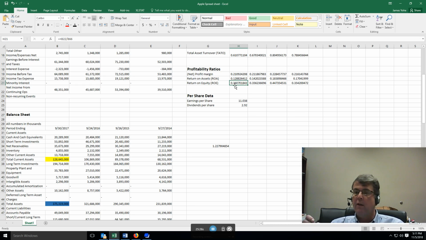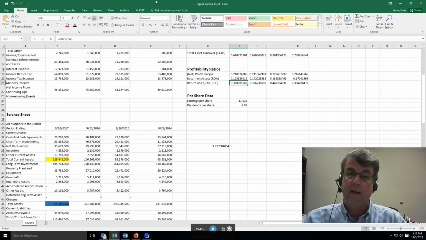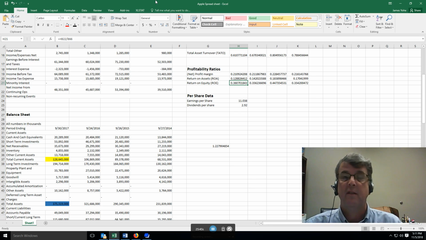So for every dollar they've invested in the company, they're making 36 cents on that every year in net profits. Now that's different from, say, a dividend, which we'll talk about later. But the equity in this company, for every dollar they have invested in, is earning them 36 cents.